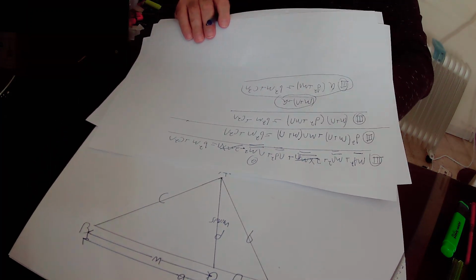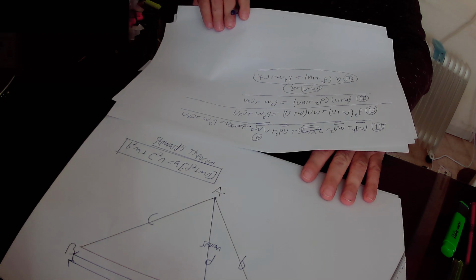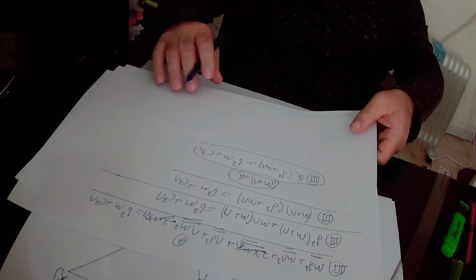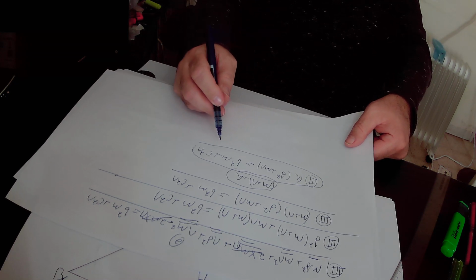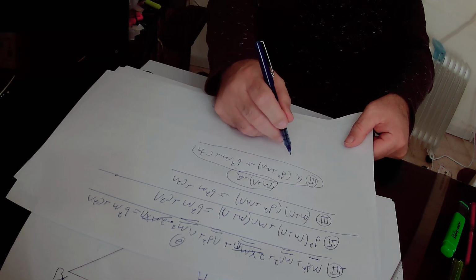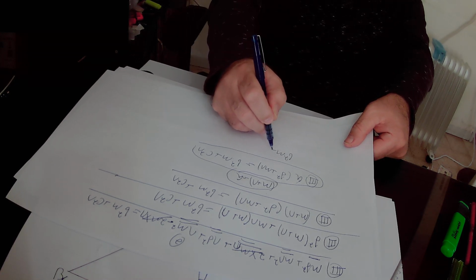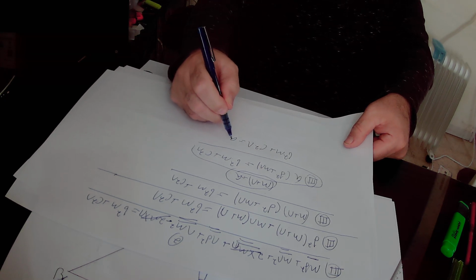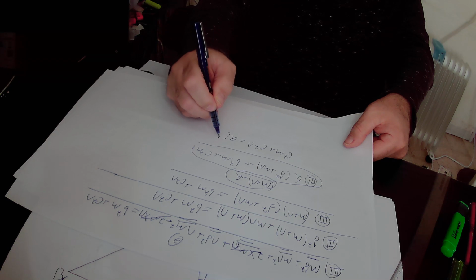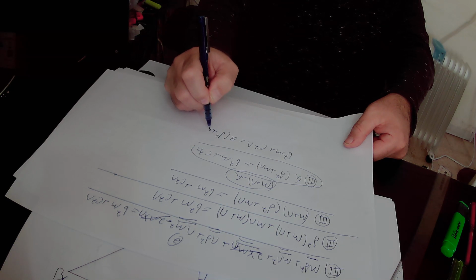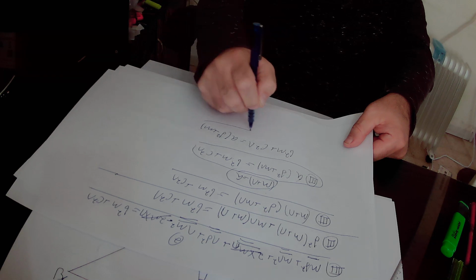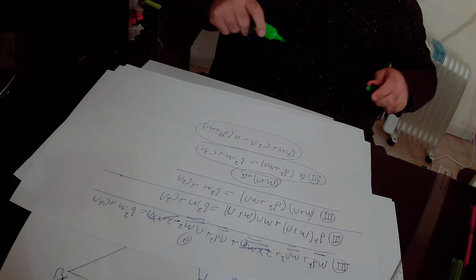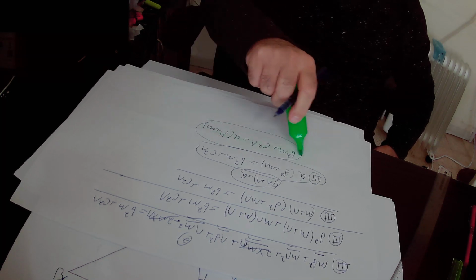And here we have Stewart's theorem: b squared m plus c squared n equals a. Inside the brackets we have d squared plus m times n. Repeat again, we actually proved Stewart's theorem. Why?